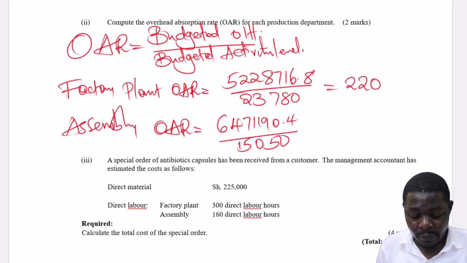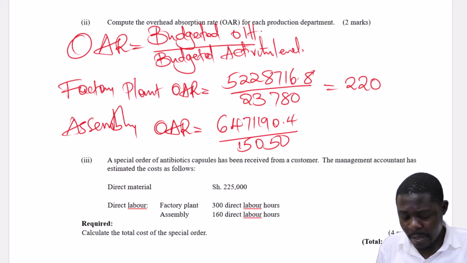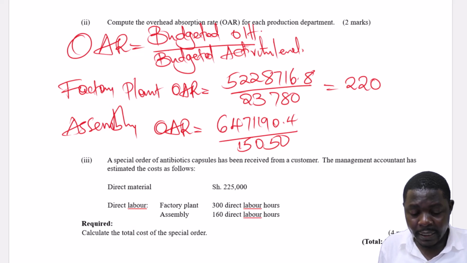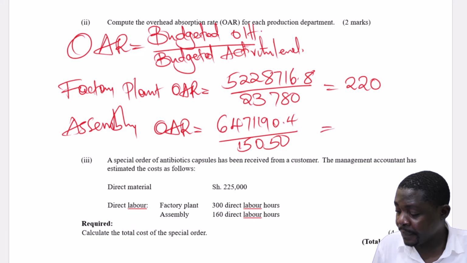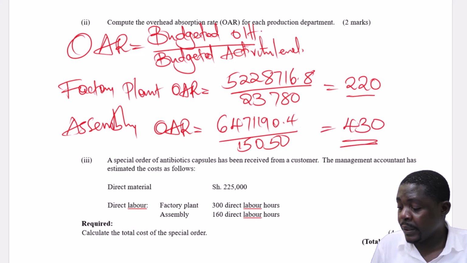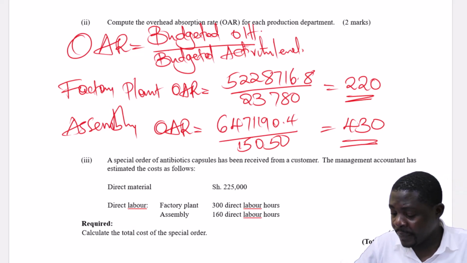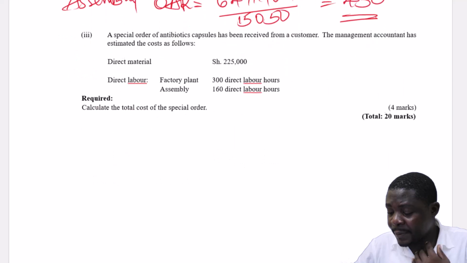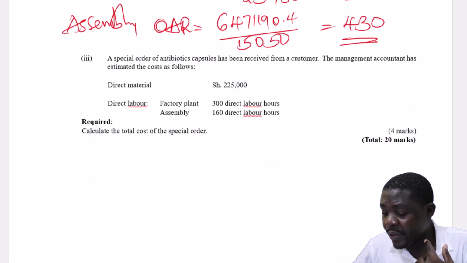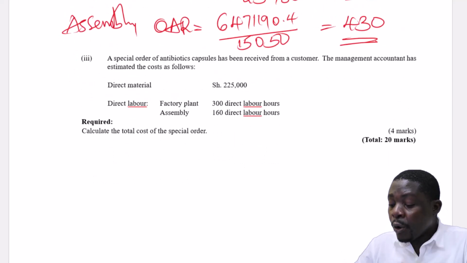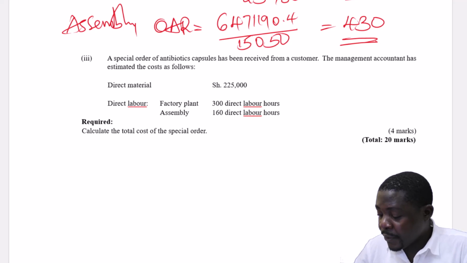We divide 6,471,190.4 by 15,050, you get that it would be 430. So 220 and 430.